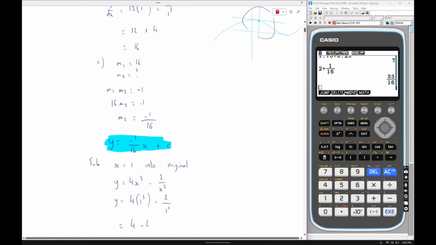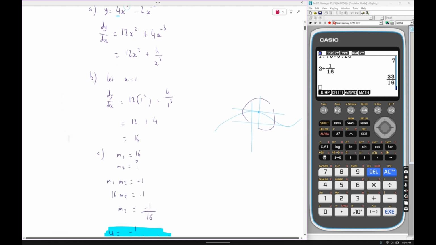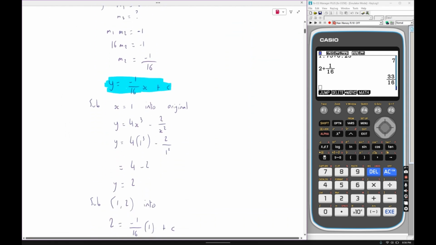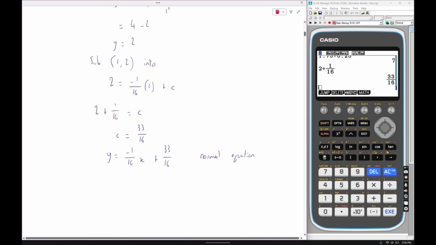So let's have a final quick check. That question is worth 3 marks. So you get a mark for a gradient of -1 over 16. You get a mark for showing that y equals 2. Down here, we figured out that y equals 2. And then you get a mark for the correct final equation.